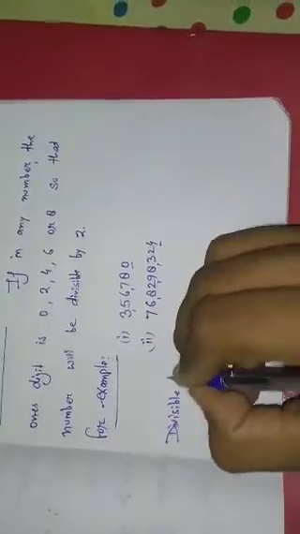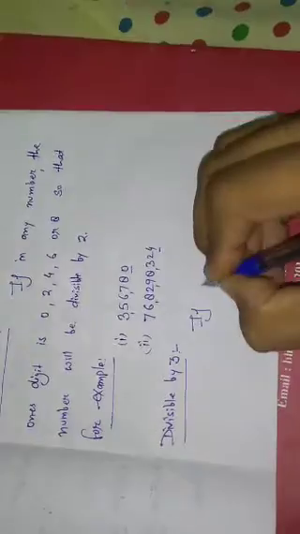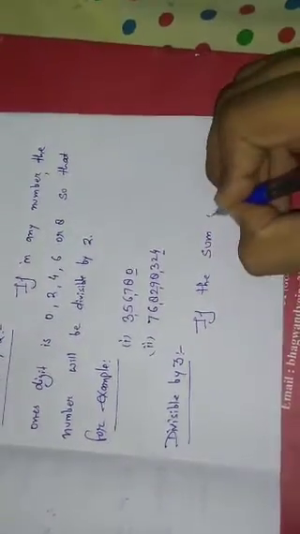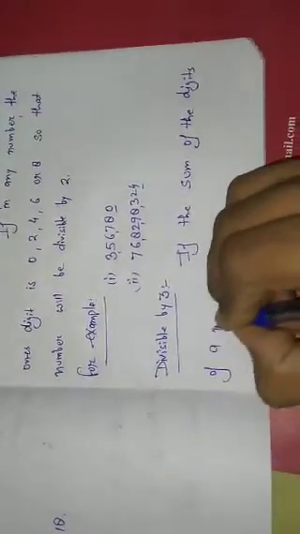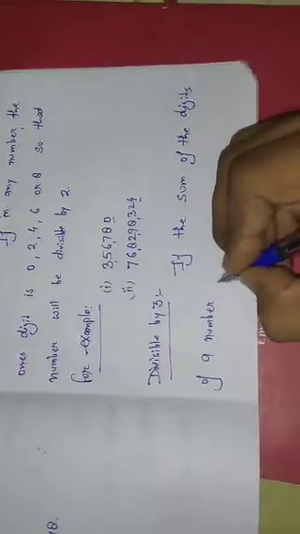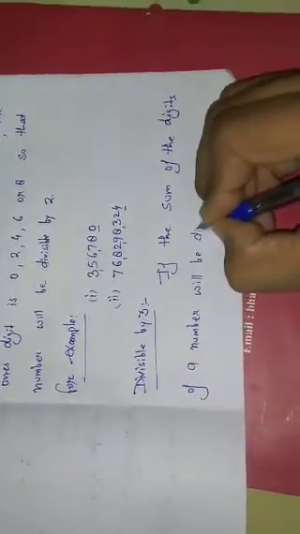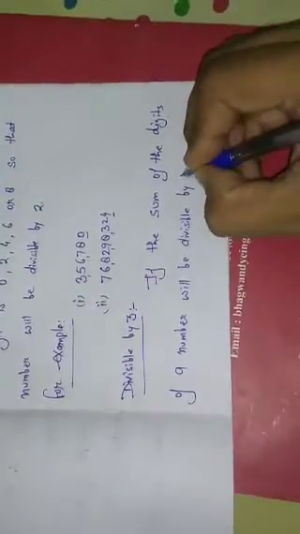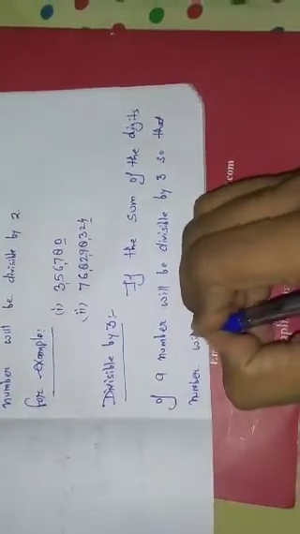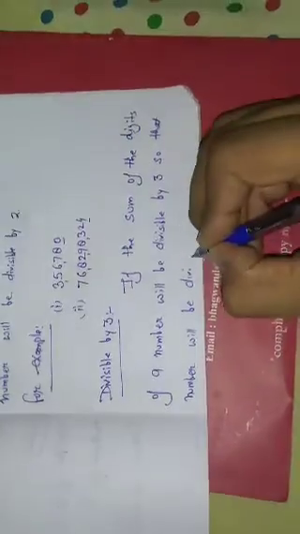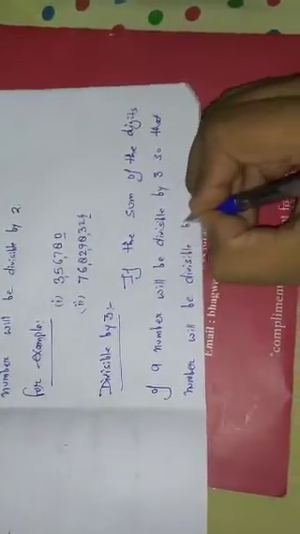Now divisible by 3. Okay, listen, if the sum of the digits of a number is divisible by 3, then that number will be divisible by 3.